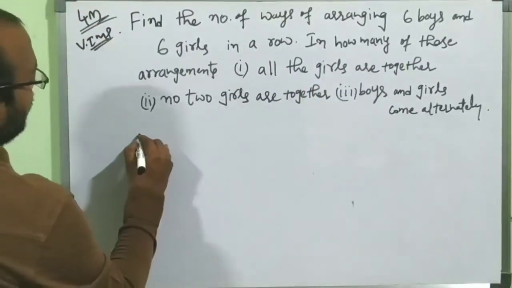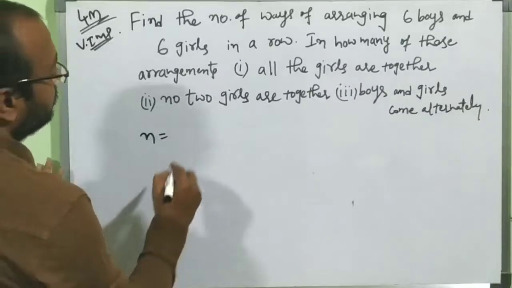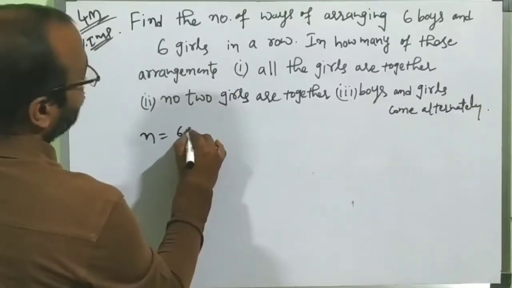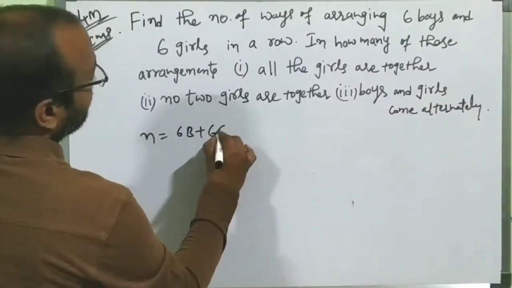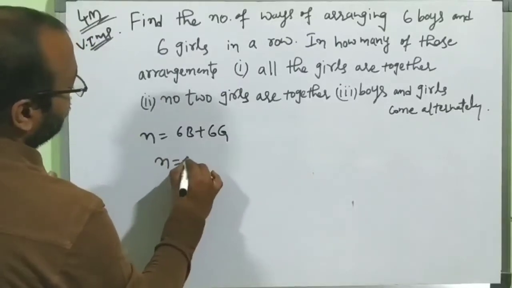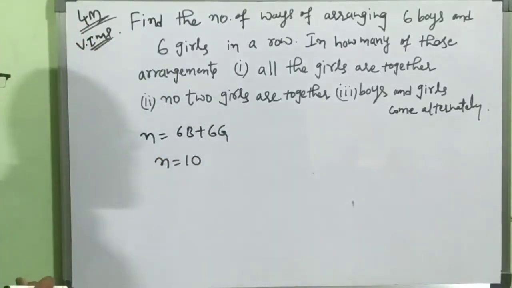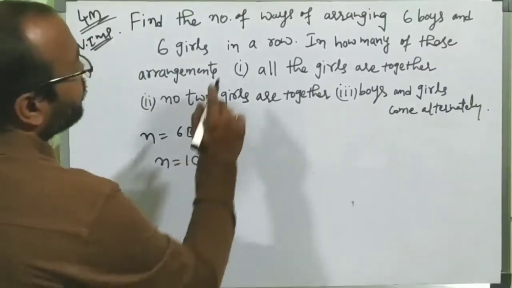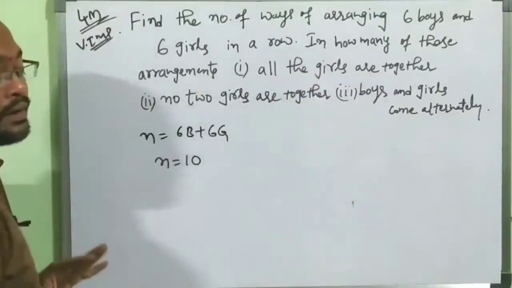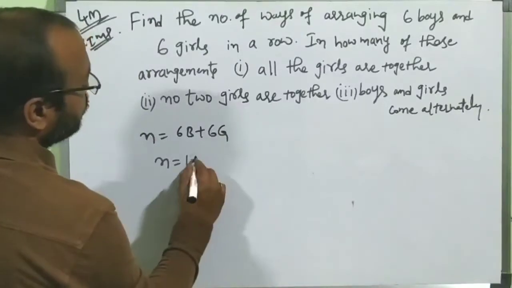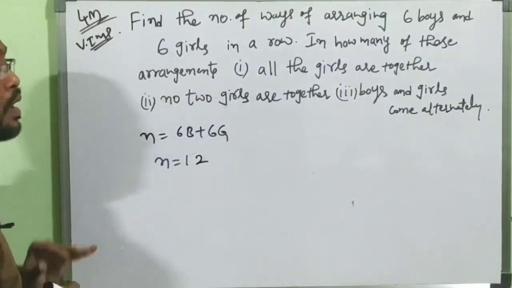6 boys are there and 6 girls are there. Total N is equal to 12 students. Now, if no condition is there, 6 plus 6, 12 members are there.